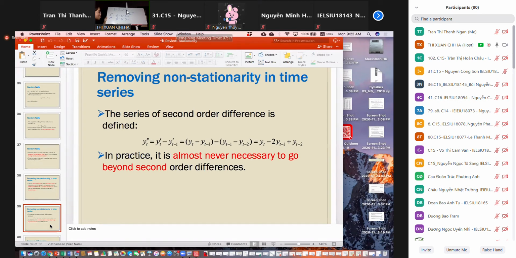So we can substitute in here. So what can you see? You substitute, that's what? Minus y t plus 1. And the same, this one will be equal what? y t minus 1 minus y t minus 2.